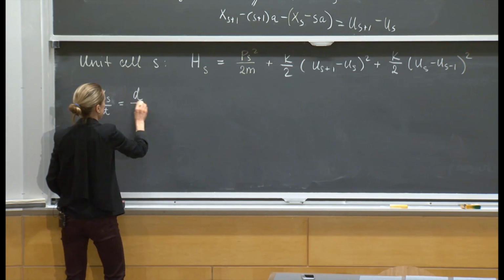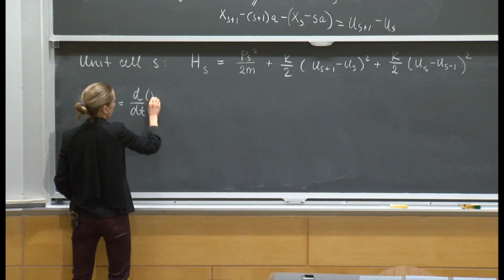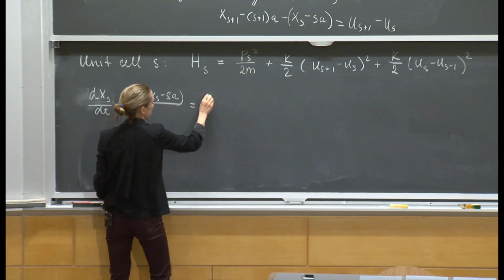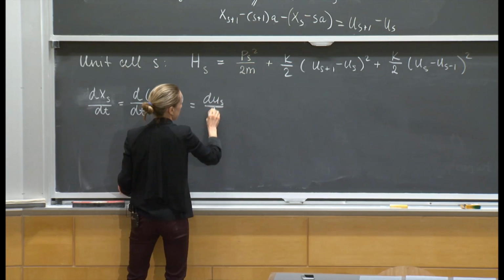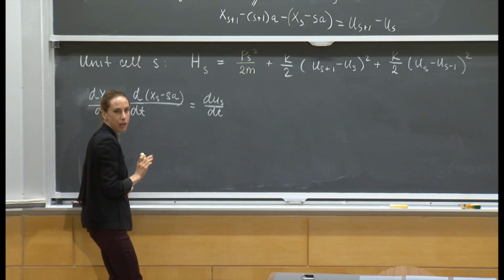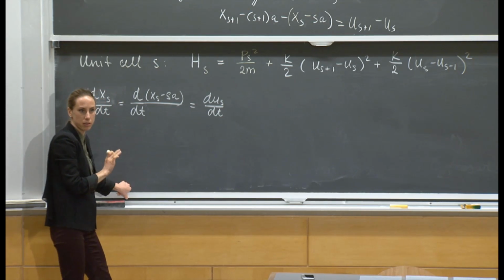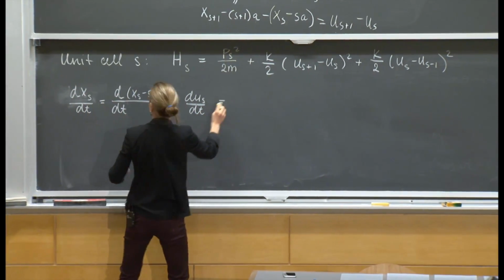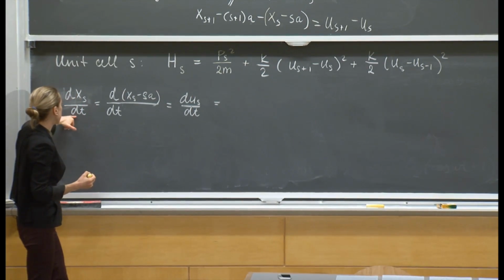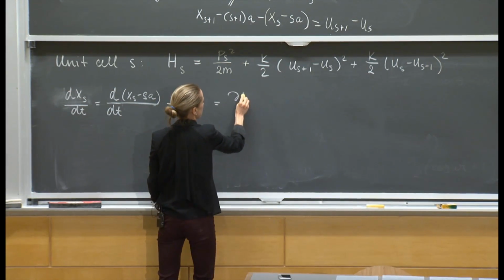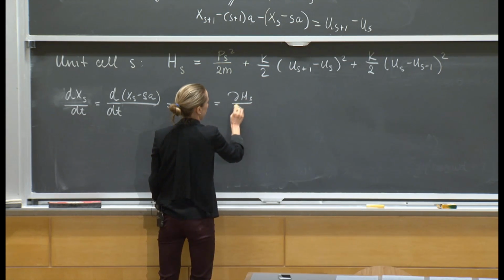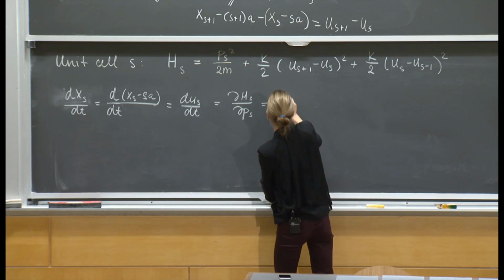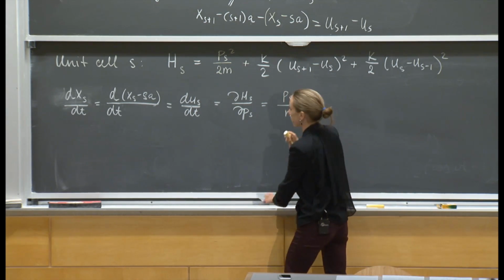So we can write it as d dt of x minus sa, which will be dus dt. So we can write our Hamilton's equations in terms of us, and that's fine. Our dx dt was the partial derivative of the Hamiltonian with respect to momentum, and that is simply ps over m.